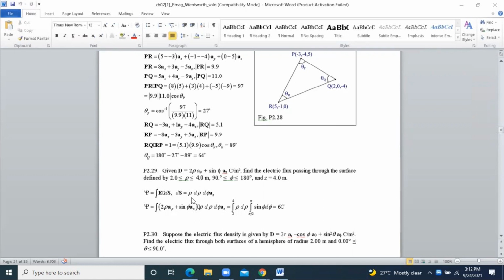The question is: find the electric flux passing through the surface defined by this.